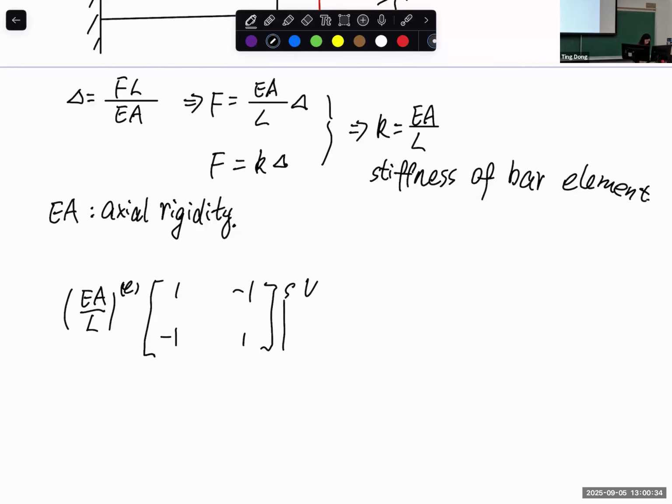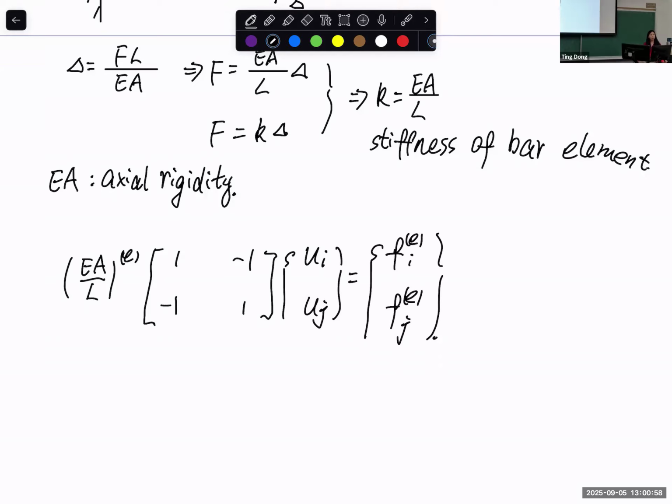The same thing: node i is the first node, node j is the second node, and every node has only 1 degree of freedom. And for the nodal force, element E and node i, element E and node j. Very similar.